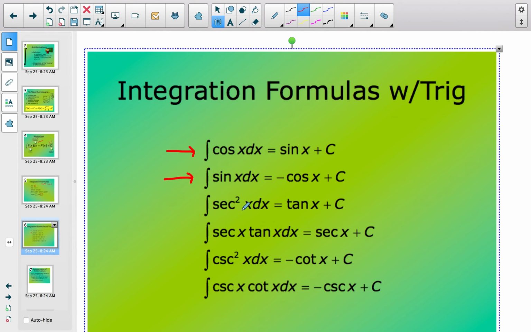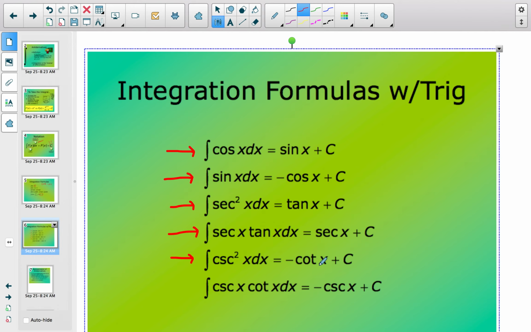The integral of secant squared is tangent. That makes sense because the derivative of tangent is secant squared. The integral of secant tangent is secant of x, plus c, of course, on every one of those. The integral of cosecant squared is going to be negative cotangent.